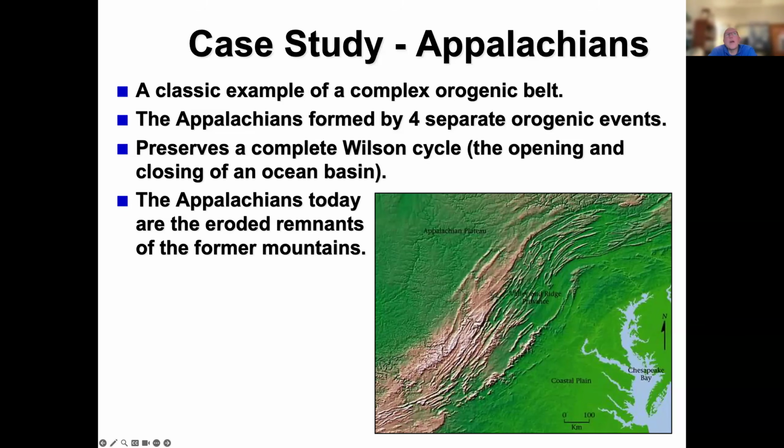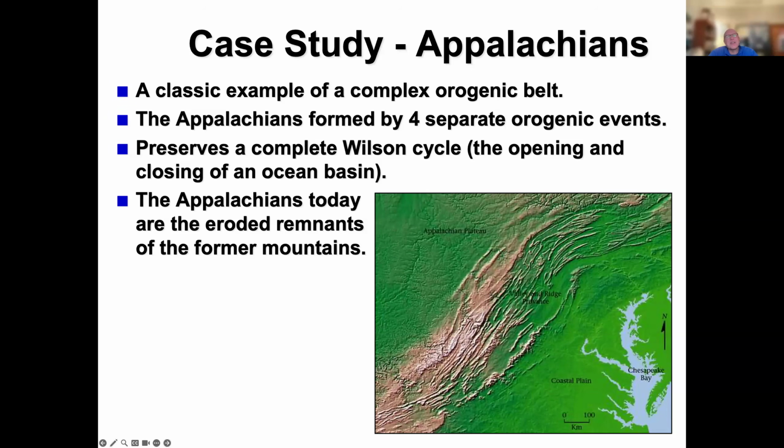And depending on where we were, it's at least 3, 4, possibly 5 separate orogenic events. I'm going to do a lot of lumping tonight because we're trying to characterize the whole thing into 4 separate mountain building events. And sometimes you hear this being referred to as a classic example of a Wilson cycle. When I hear Wilson, I either think of basketballs or the Castaway with Tom Hanks.